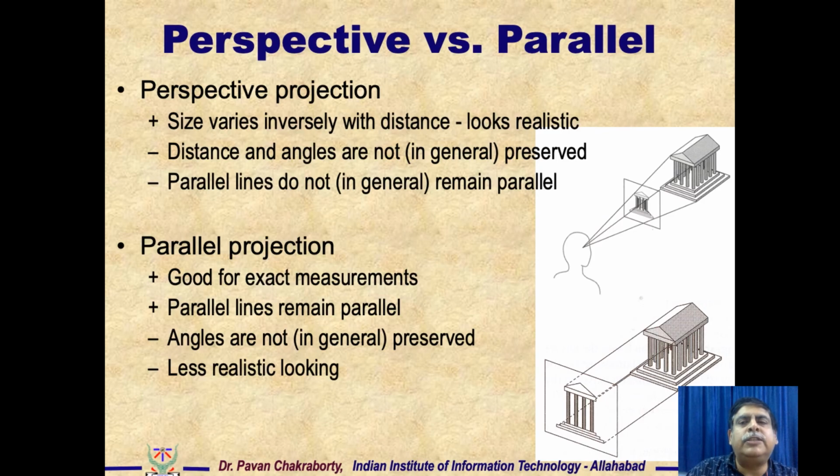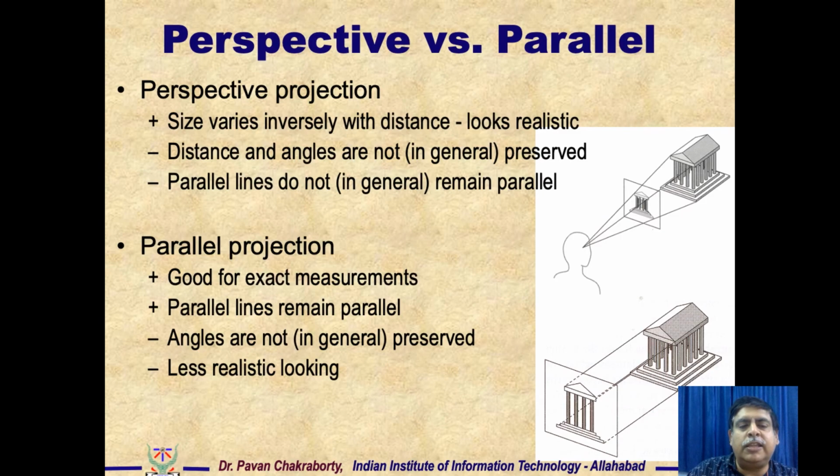So, perspective versus parallel. Perspective projections, the positive point is the size varies inversely with distance. It looks realistic. Distance and angles are not in general preserved. Parallel lines do not in general remain parallel.